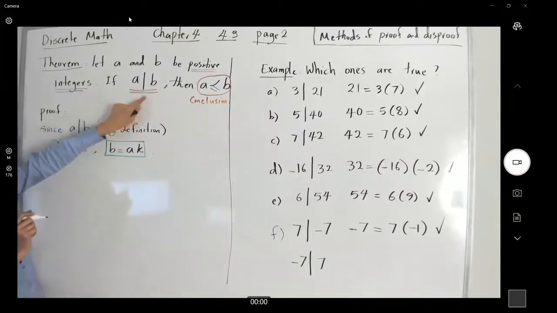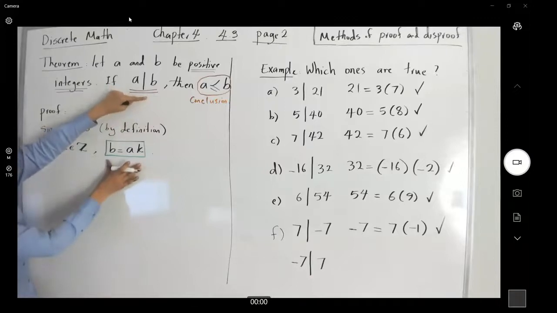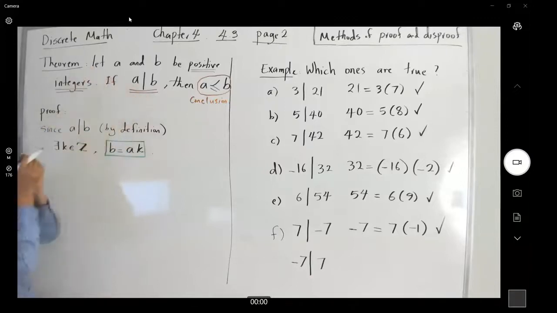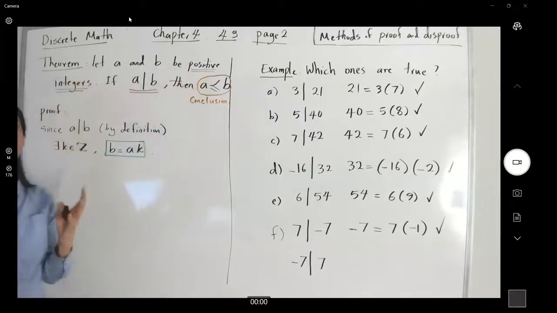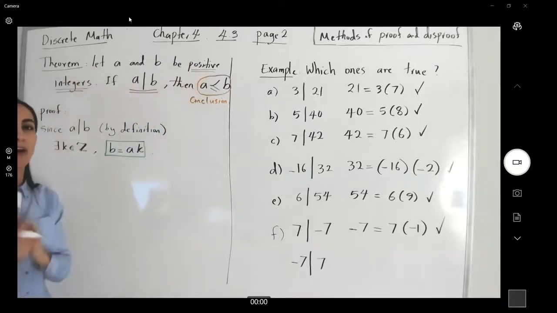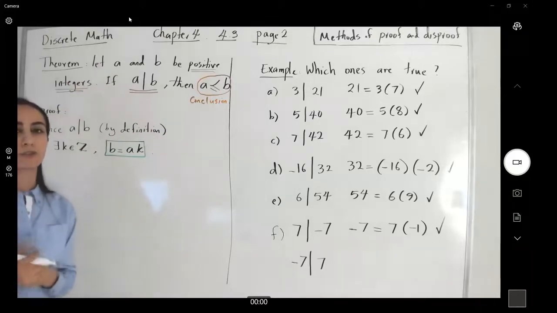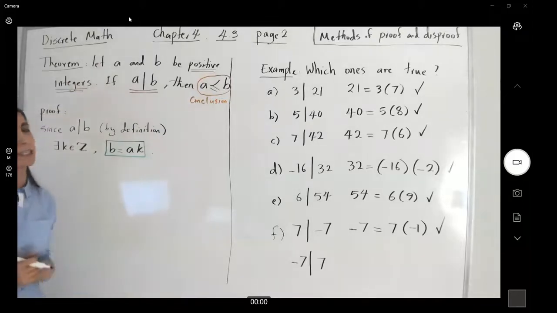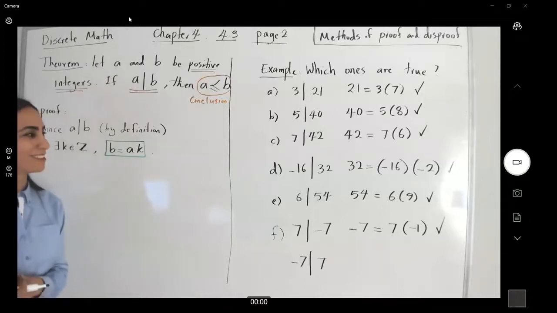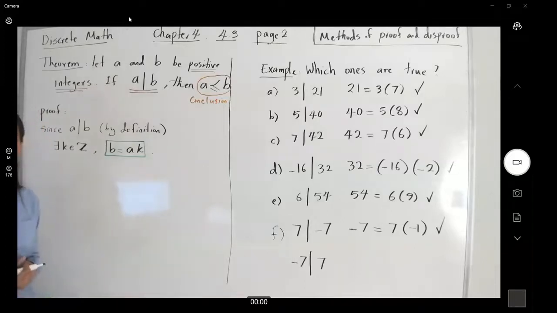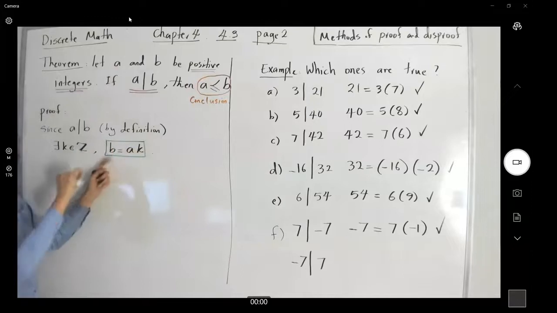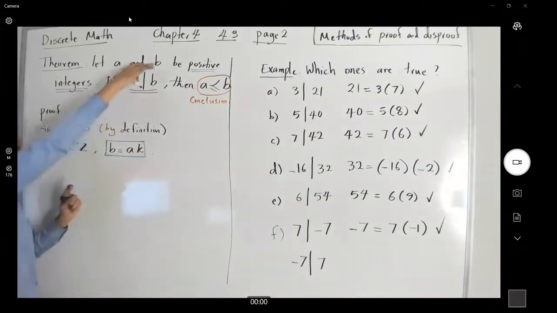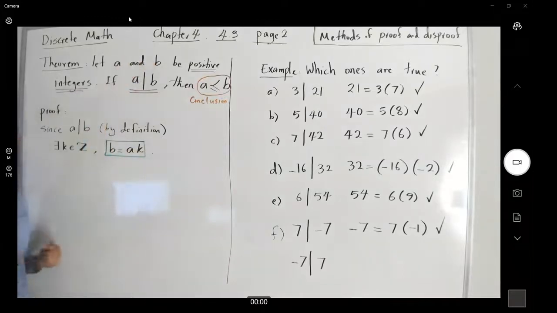Using the first assumption here for divisibility, I also have another assumption. It says they are positive integers. A and B are positive. What is our conclusion about K? Can K be negative? K cannot be negative. If K is negative, A we know is positive, and negative times positive is going to be negative, which has contradiction with the assumption that we have.